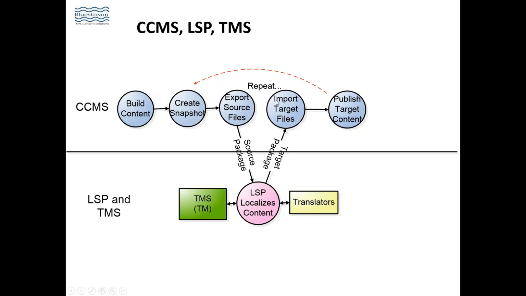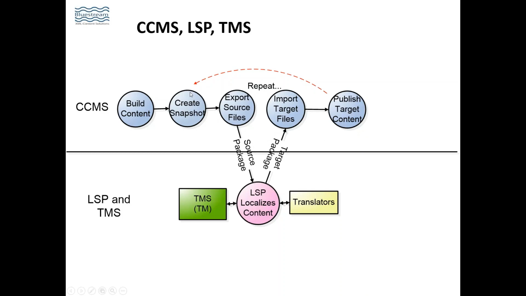And then the CCMS will import those target files and publish the target content, and then you iterate as necessary. Doesn't mean that all the files have to go over at once. Your source package could be half the files if you want to get started early.